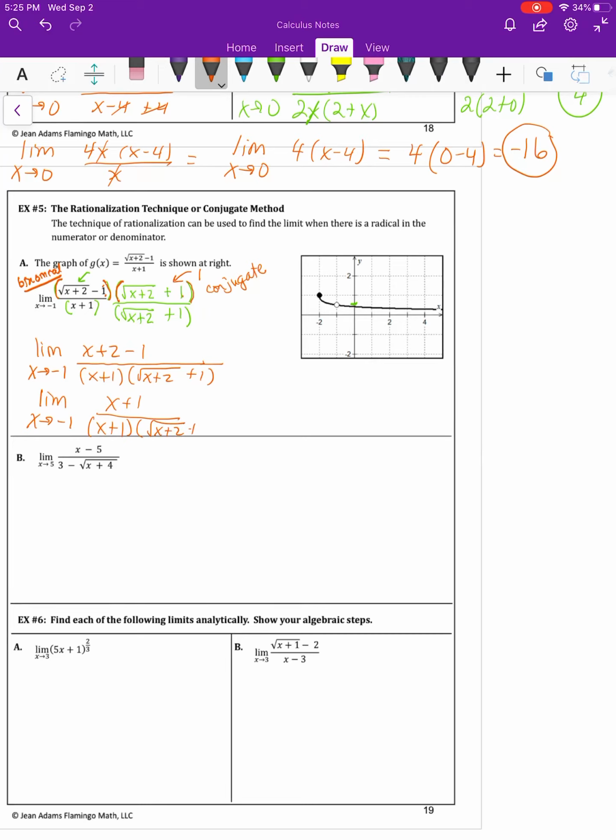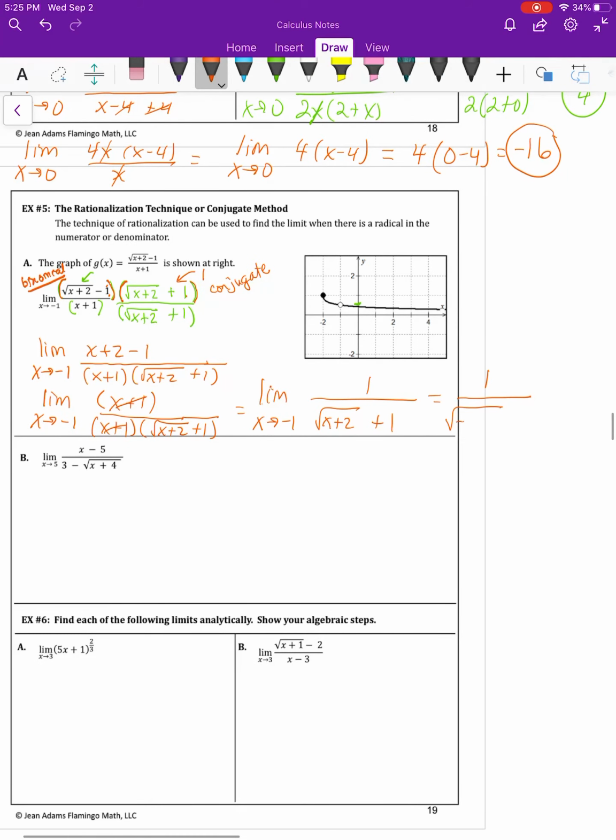Notice that since I didn't multiply through, my x plus 1s are going to cancel now. And that is what gets me away from division by 0. Because now all that's left is this. And I don't have division by 0 anymore.